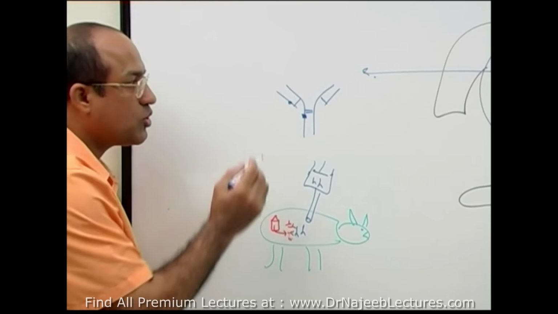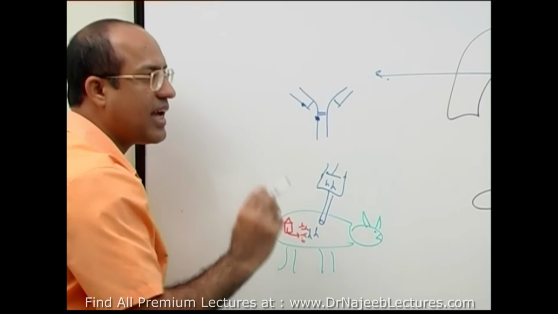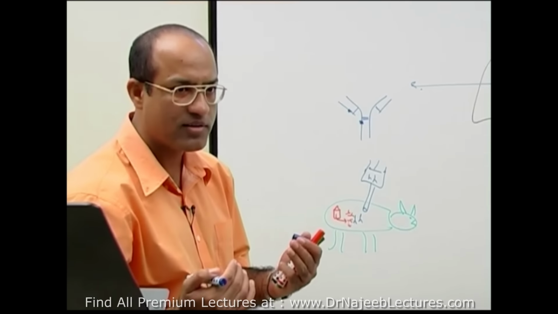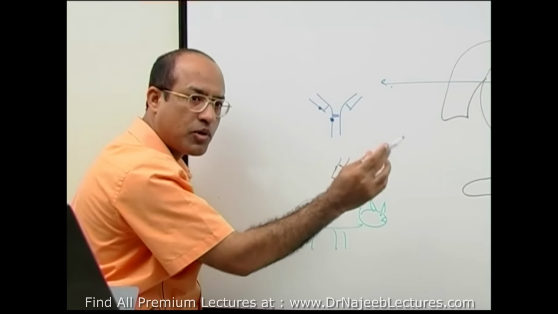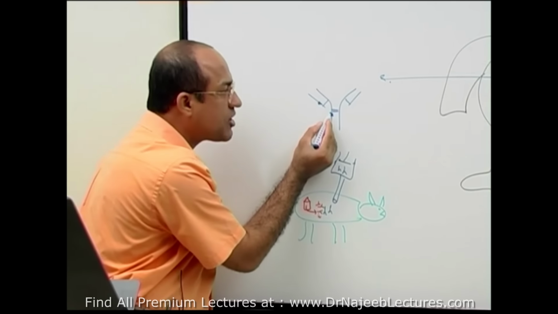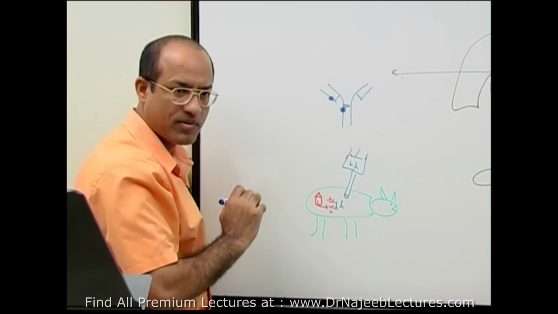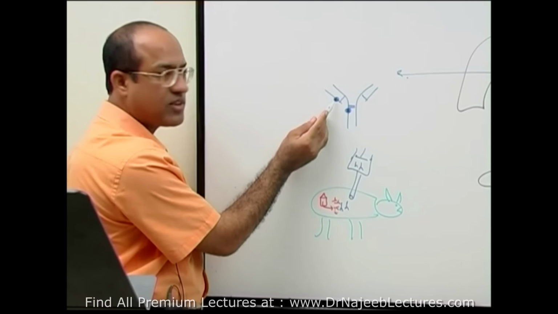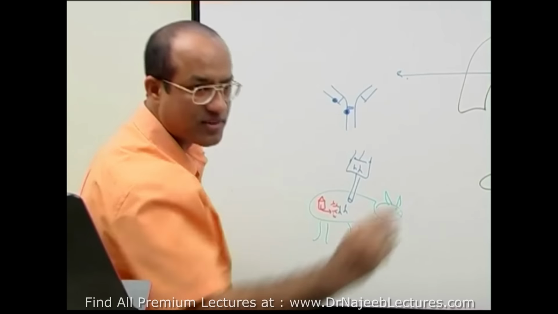So, according to this concept, this person has inherited a special type of alleles, and because of those inherited alleles, all the antibodies from this person have some amino acid sequences which are common. And according to these amino acid sequences, antibodies vary from person to person.